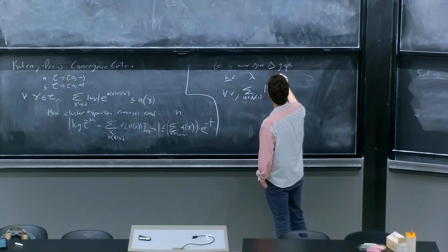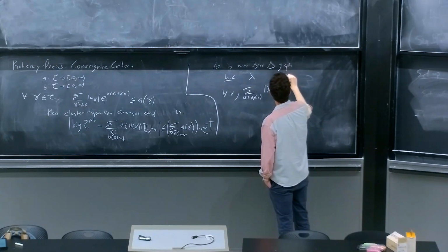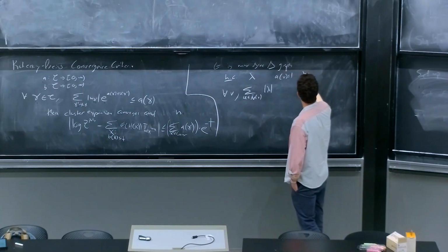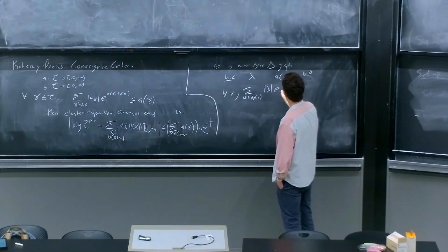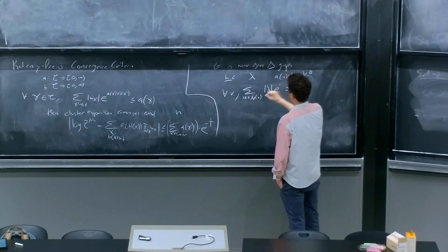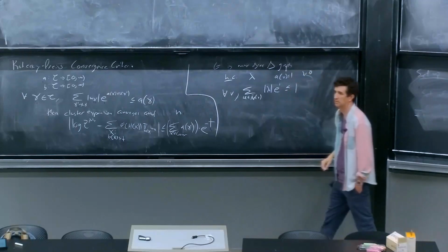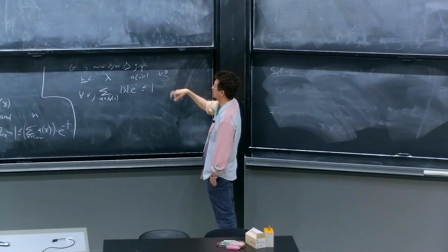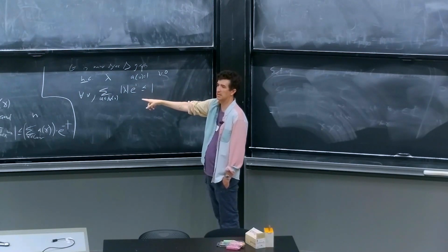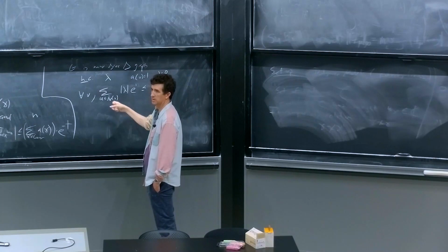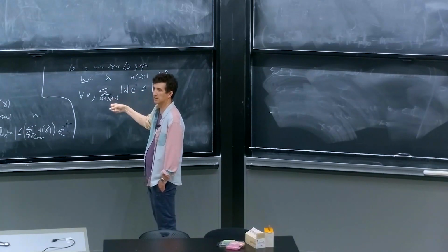Okay, let's say A of V is just 1. Everything has size 1, and B is 0. E to the 1 is at most A of V, which is 1. So A of V is 1 for all V, B is 0. This is the condition. Now you're a max degree delta graph, so there's delta plus 1 things in the sum.